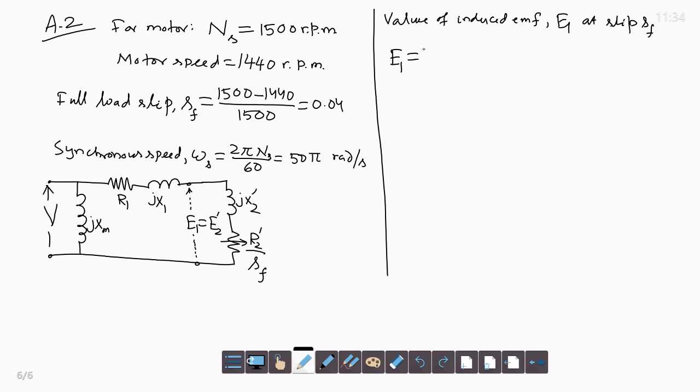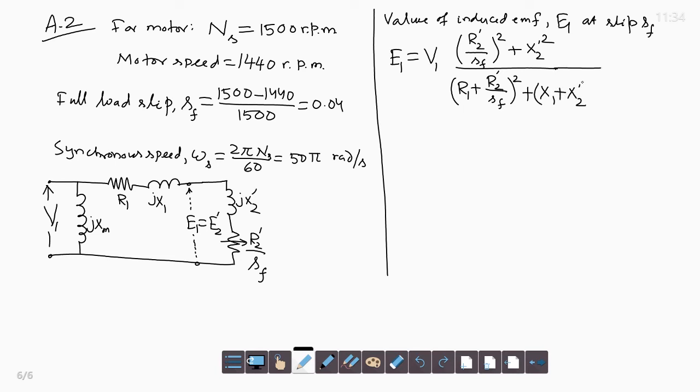So, it is V1, this is the stator applied voltage V1 into square root of R2 dash by Sf square plus X2 dash square, whole divided by square root of R1 plus R2 dash by Sf square plus X1 plus X2 dash square, whole. A voltage division principle. Denominator is the total series branch impedance of stator and rotor, numerator is the rotor impedance.